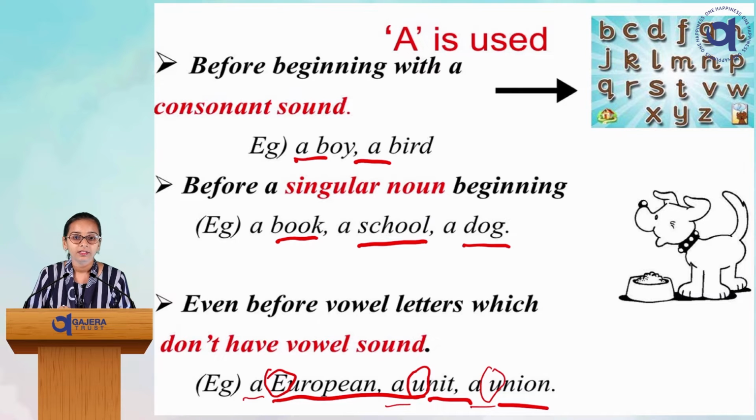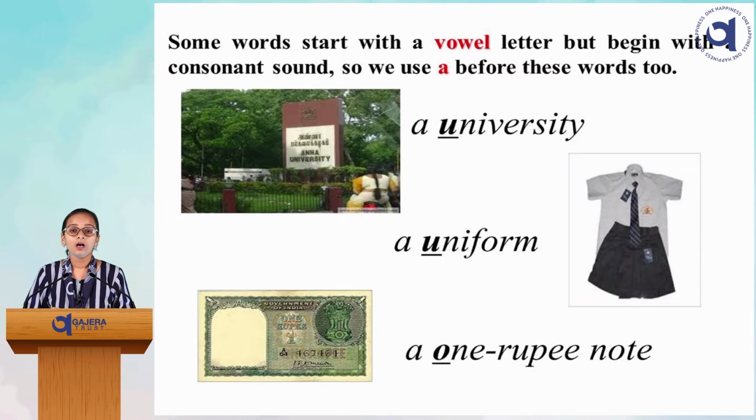Because it has a consonant sound. Some words start with a vowel letter but begin with a consonant sound, so we use A before these words too. For example, a university, a uniform, a 1 rupee note.